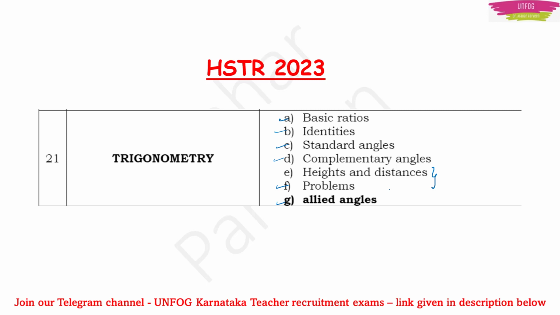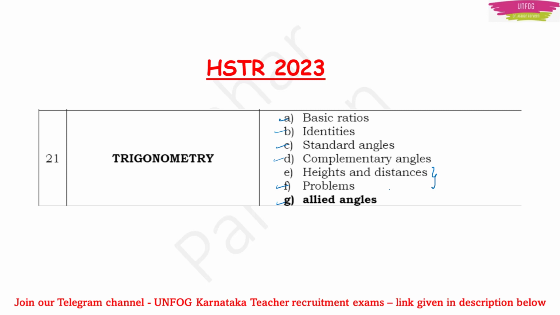But when I analyzed the question paper, I did not find any question from heights and distances. So what I am doing is I will be explaining the actual concept of heights and distances relating to trigonometry. Then I will be solving a number of multiple choice questions. I think around 17-18 questions are there, which I will discuss in detail and solve.